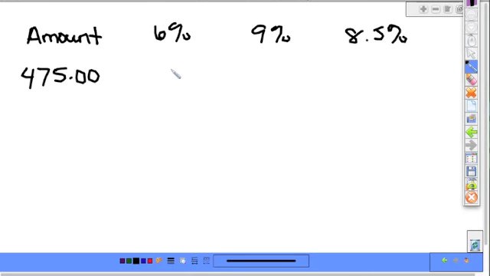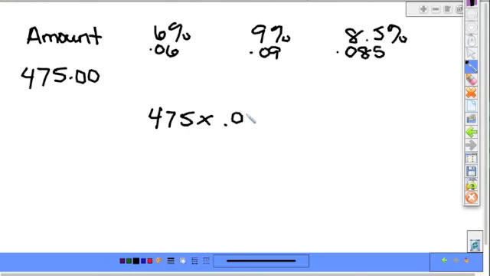Okay, I want to find the 6% of that, so I'm going to go 475 times, remember, this is going to be 0.06, this one's going to be 0.09, and this one's going to be 0.085, because you always move the decimal to the left 2 places. So I'm going to multiply this by 0.06, and I get 28.5, which actually comes to, if you're thinking money, $28.50.